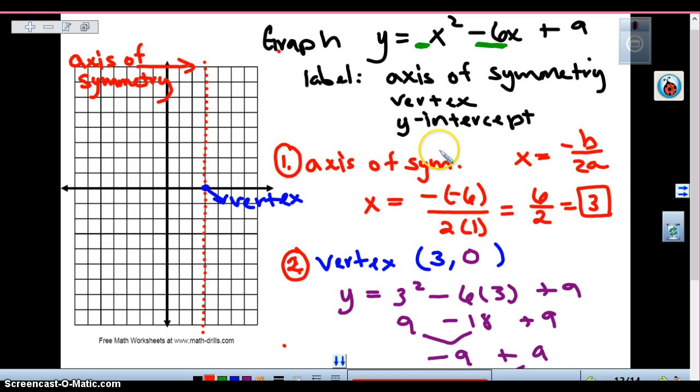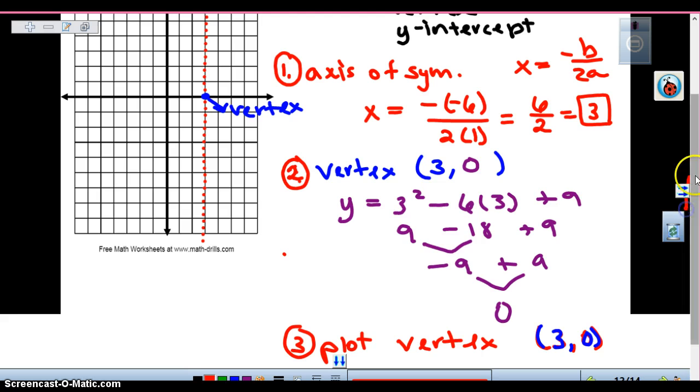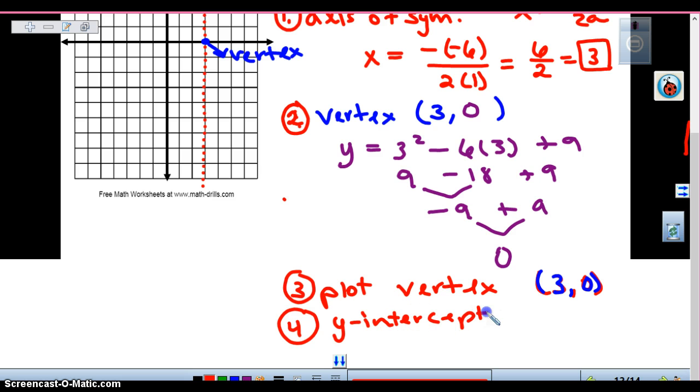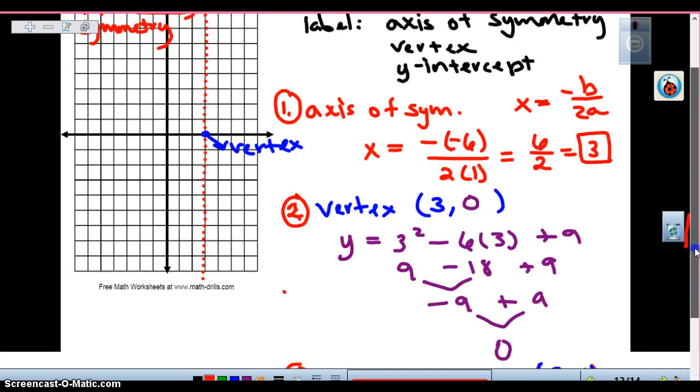So we've labeled our vertex and our axis of symmetry. Now we need to find our y-intercept. What is our y-intercept? Our y-intercept is 9.